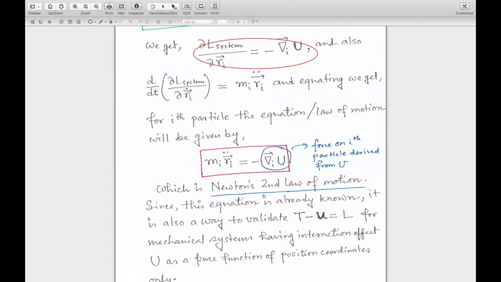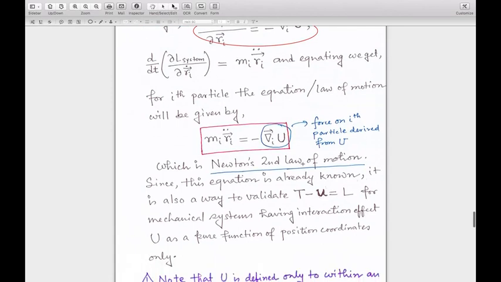So a priori there is no surprise, because beforehand, when we derived the functional form of L as T minus V, or T minus U, for a conservative mechanical system, we started from Newton's second law and reached there. Now we started from T minus U and have reached Newton's second law of motion. That is just the other way around. As we know, this is the correct form according to our previous knowledge of Newton's second law of motion.